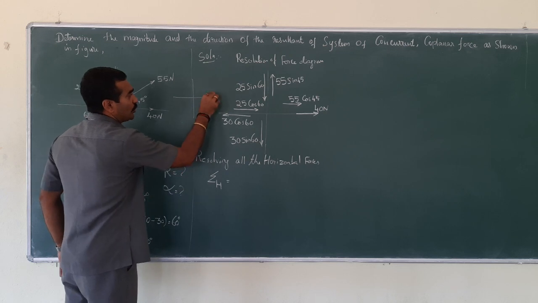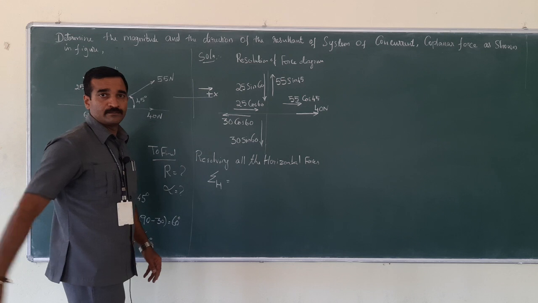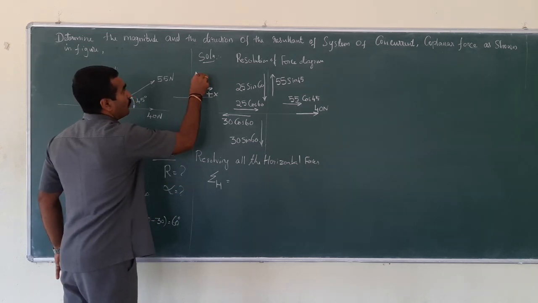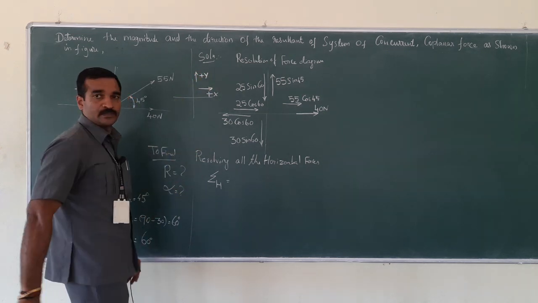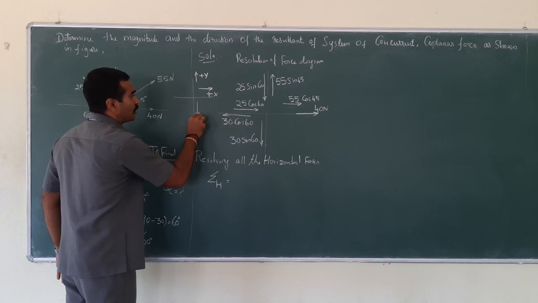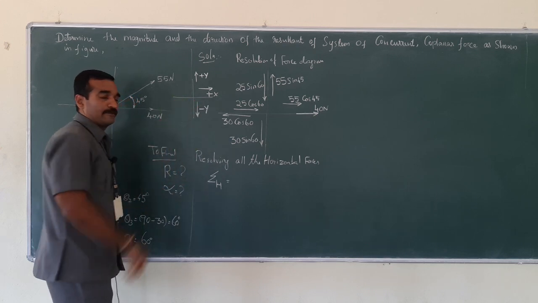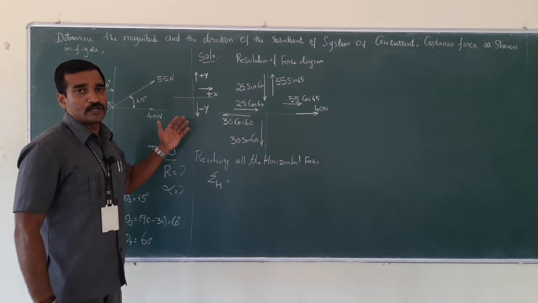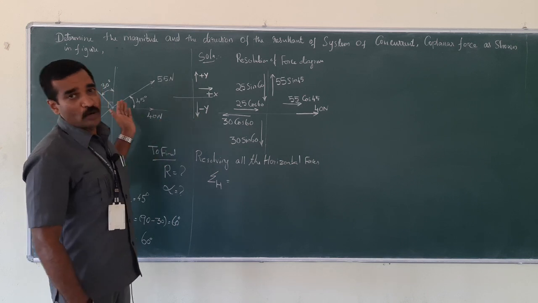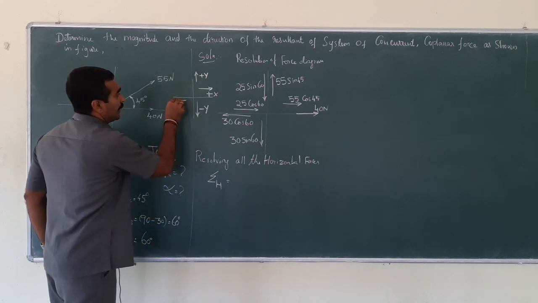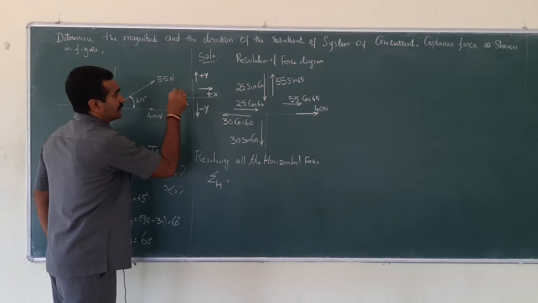So this is the positive x direction, and upwards is positive y. When the force acts vertically downwards, it means minus y. When the horizontal force is acting towards the left, then it will be minus x.